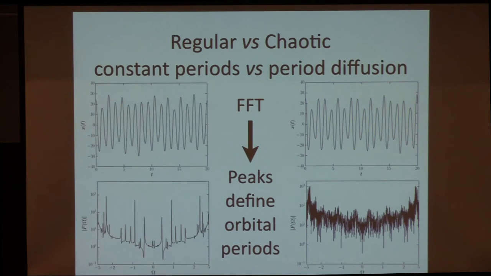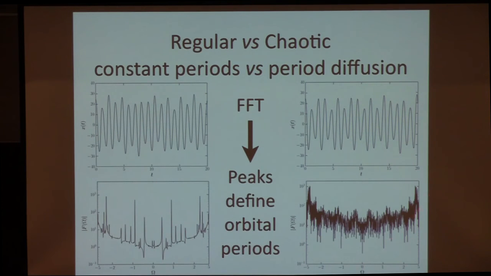It could be quite a complex orbit. It could be quite 3-dimensional, so more complicated than the Keplerian or rosette orbits I was showing you before. They can have 3-dimensional shape. But it will have 3 well-defined orbital periods that you can actually derive from this periodogram, basically, or the fast Fourier transform. If you do the same thing in the same potential but choose a different orbit, and you measure x versus time, if it's a chaotic orbit, you will not be able to find the well-defined orbital periods.